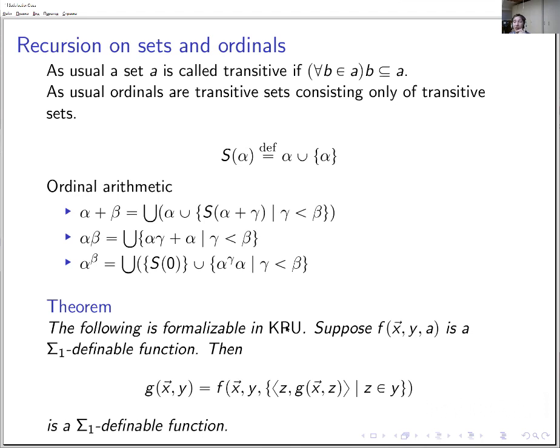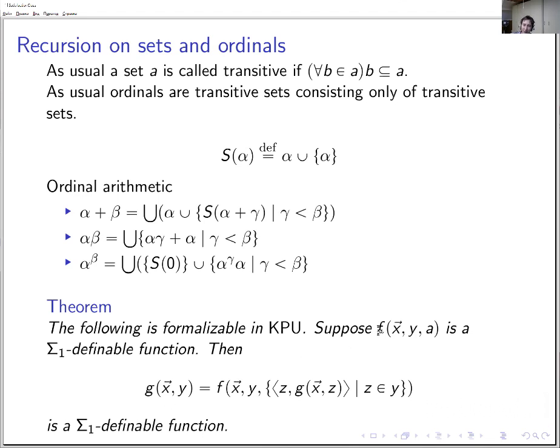In fact, in Kripke-Platek theory we can do recursion for sigma-1 definable functions, which basically means computable functions, relativized. This is a direct analog of primitive recursion, basically primitive recursion on sets.